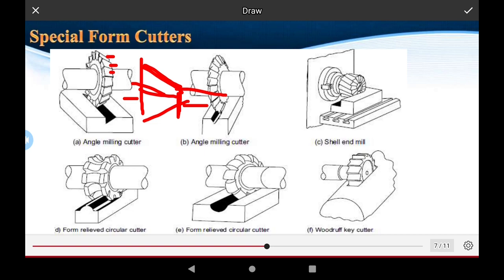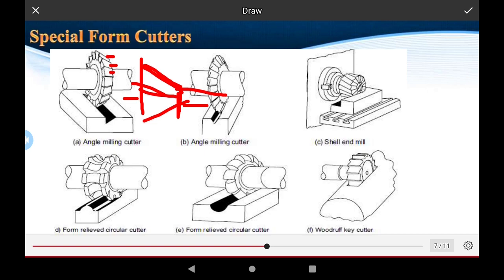The teeth also work in the operation where a straight and flat surface is generated. This tool performs the operation with one side being the straight side, and the second side cutting the flat surface.